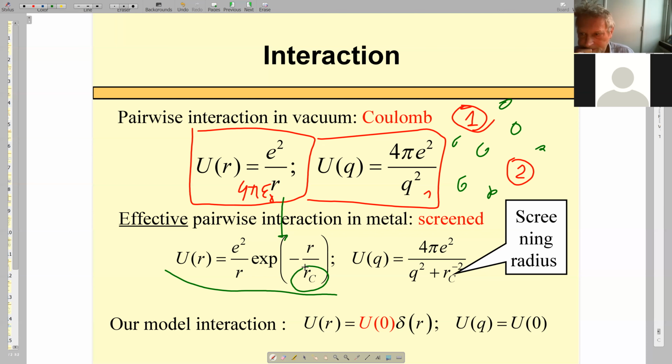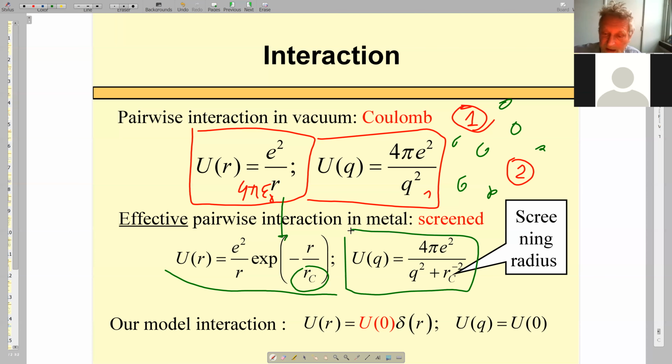All right. So a real interaction between 2 electrons in the metal is not Coulombian. The real interaction is a screened interaction. If you do it in the Fourier domain, look what I have.